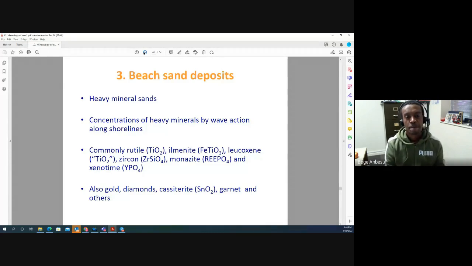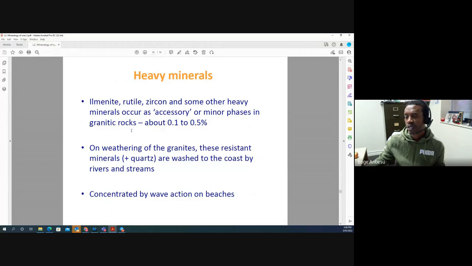These deposits have undergone several years of weathering, and that weathering has resulted in the accumulation of these heavy minerals: ilmenite, rutile, zircon, and so on in seashores.